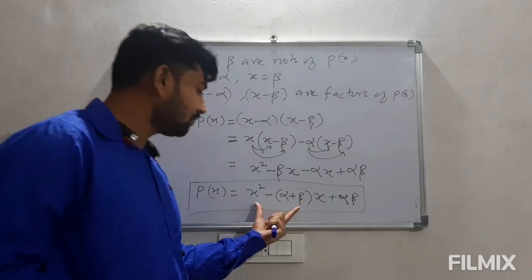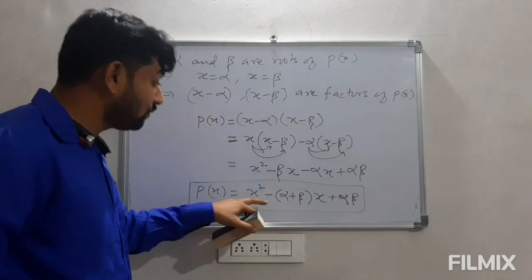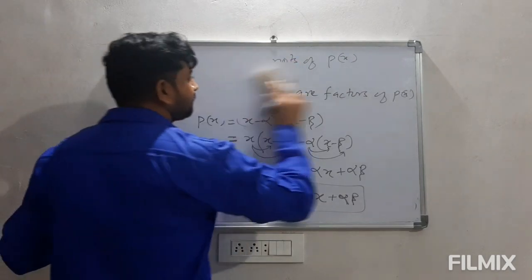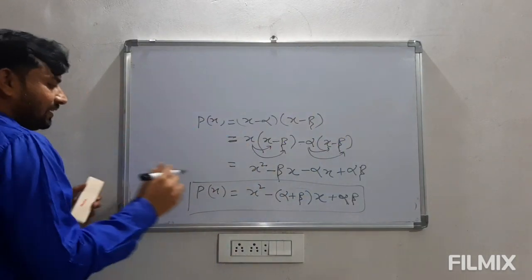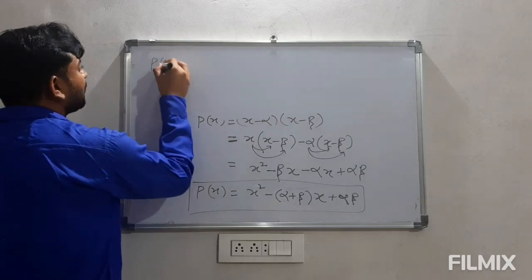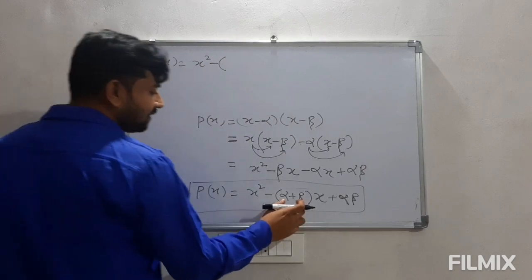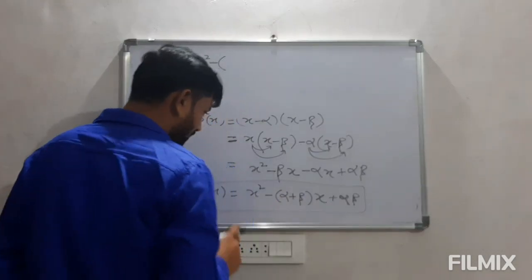So this is the equation what we are getting. If you look at this, this is something really important. I am writing it again. P of x is equals to nothing but x square minus, look at this bracket, this is alpha plus beta.